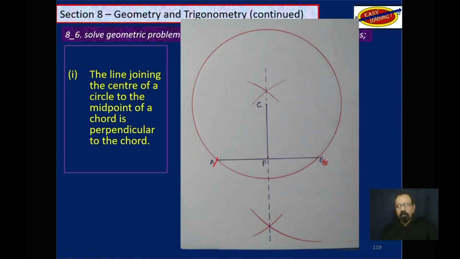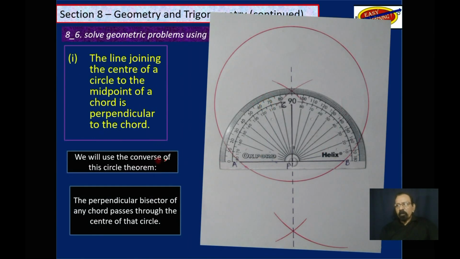This is really the same thing. A chord, you have a perpendicular bisector here, it will pass through the center. Now, this is what we will be using. So we will use the converse of this circle theorem. The circle theorem says that the line joining the center of a circle to the midpoint of a chord is perpendicular to the chord.